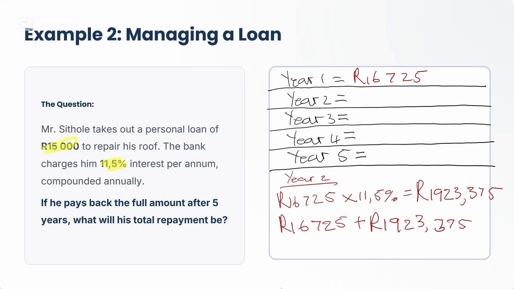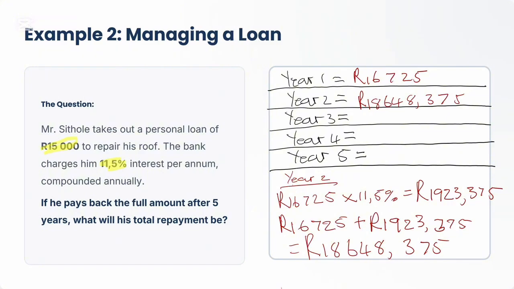This should give you an answer of 18,648.375. Now we're done with year 2. I'm just going to write down the value over there. Now remember, we don't round off yet.